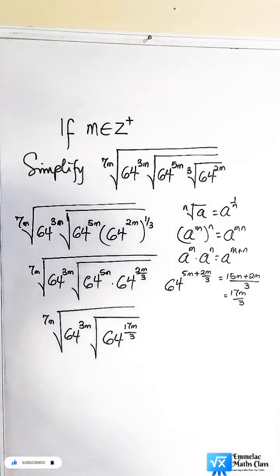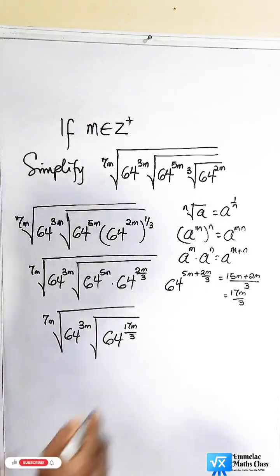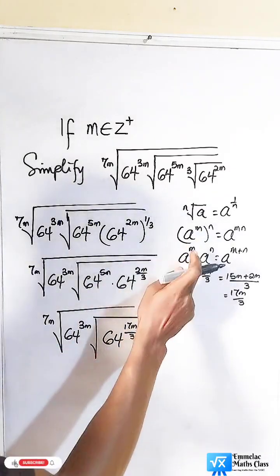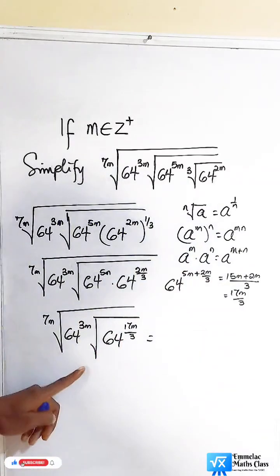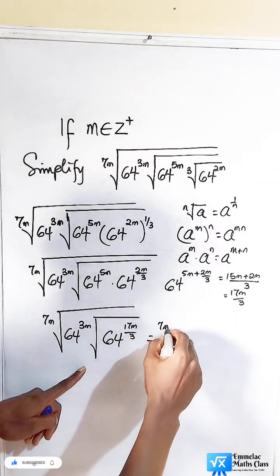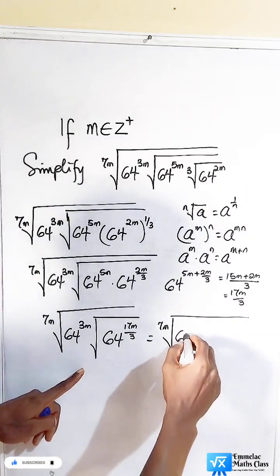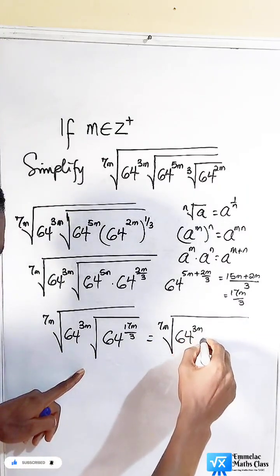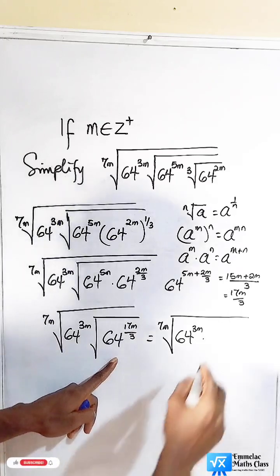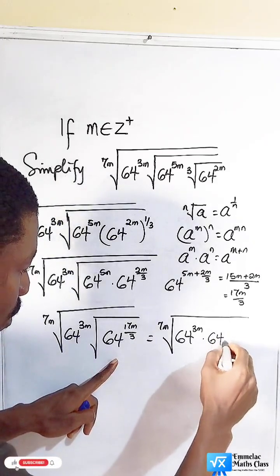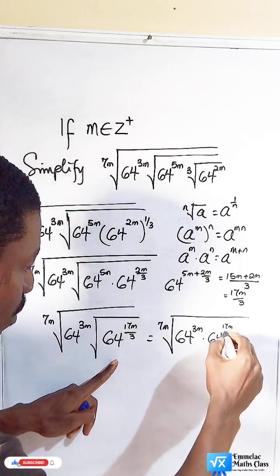Okay, now you can see here, still applying this rule here, then we have the 7m root of 64 raised to the power of 3m, then that will be times 64 raised to the power of 17m all over 3.